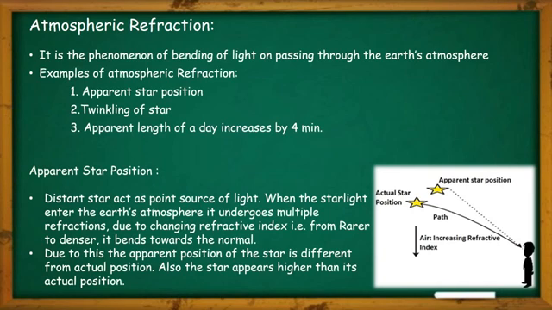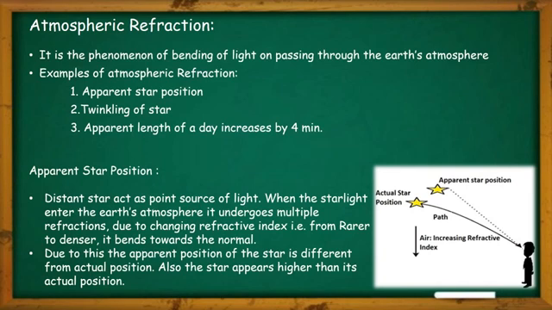The temperature and density of different layers of the atmosphere keep varying always. So we have different mediums. When light comes from a distant star and enters the Earth's atmosphere, it undergoes multiple refractions due to the changing refractive index.